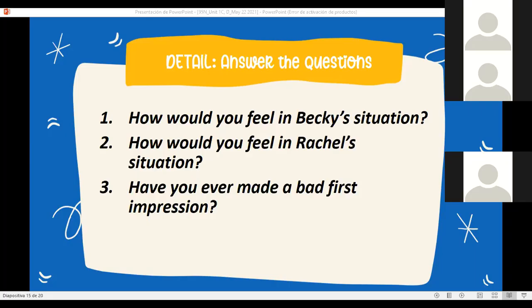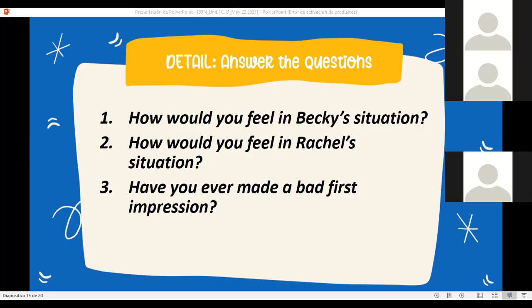We're not every time in the best mood, and maybe we can act a little bit rude, and that could cause a bad first impression, especially when you're meeting someone. Sí, generalmente cuando ustedes conocen a alguien por primera vez, no siempre están en sus mejores momentos y pueden terminar siendo un poco groseros, ¿no?